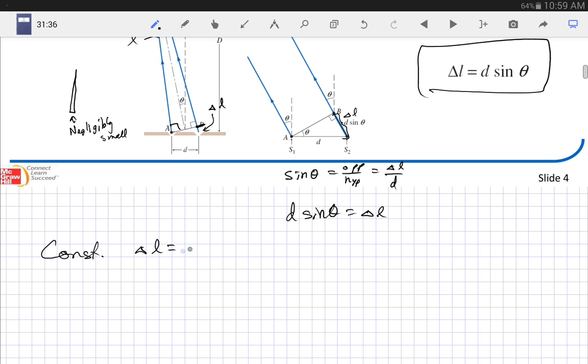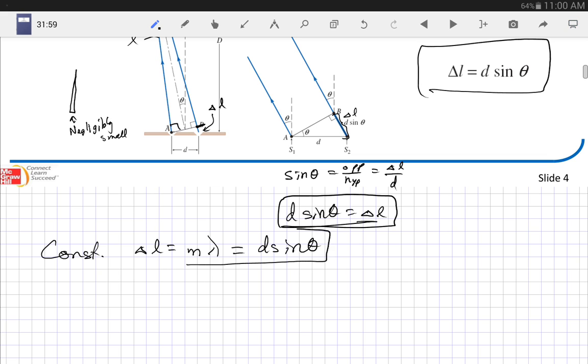So constructive interference has to have the path length difference m lambda, where m is once again any integer: 0, 1, 2, 3, 4, 5, minus 1, minus 2, minus 3, as long as it's an integer. So since delta L is d sine theta, I just plug that in, and I have my condition for constructive interference.